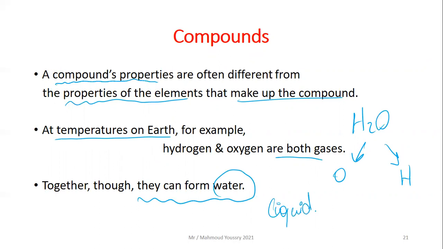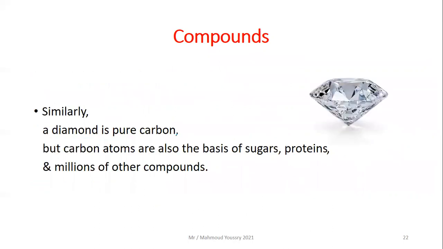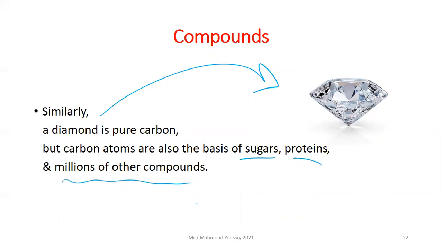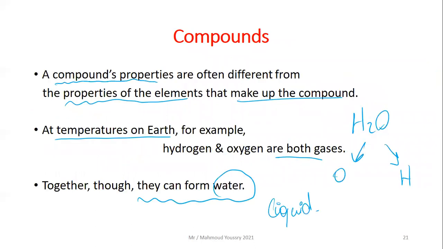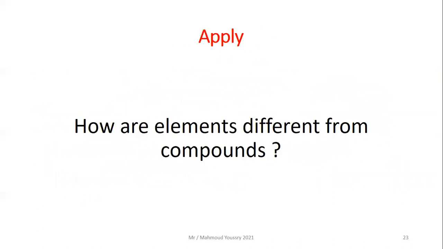Similarly, diamond is pure carbon, but carbon atoms are also the basis of sugars, proteins, and millions of other compounds. This indicates how the properties of a compound are different from the properties of the elements that make up the compound.